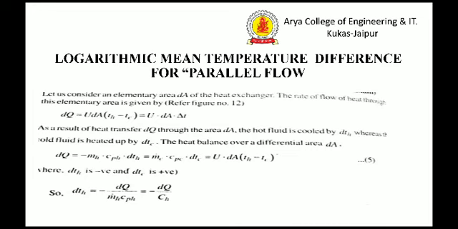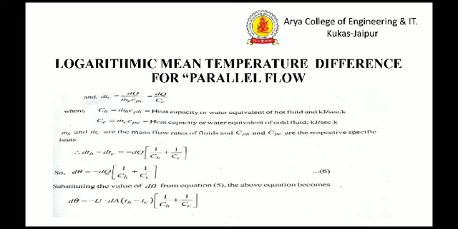So dTh is equal to, from the above equation, dq upon mh cph, that is minus dq upon Ch, and dTc is similarly dq upon Cc, where Ch and Cc are the heat capacity or water equivalent of hot or cold water respectively. Now dTh minus dTc is equal to minus dq (1 by Ch plus 1 by Cc), and the difference dTh minus dTc is given by d theta.